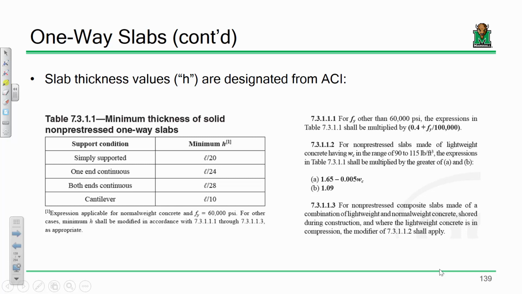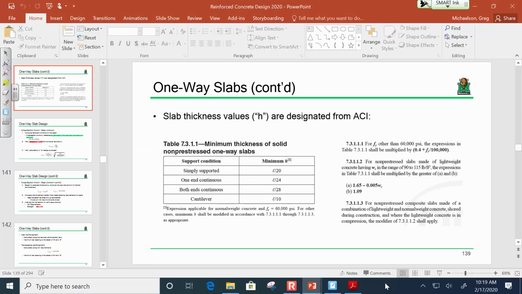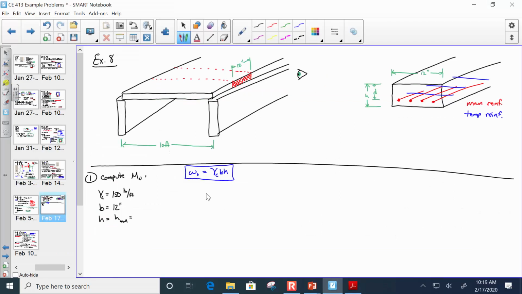My slab is not a cantilever slab, it's not a continuous slab, it's just simply supported. So when I have a simply supported slab, my minimum height is L over 20, okay? So we're going to take our minimum slab height to be L over 20, which is 10 foot over 20.